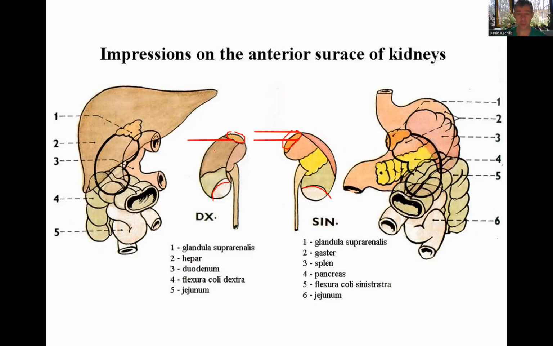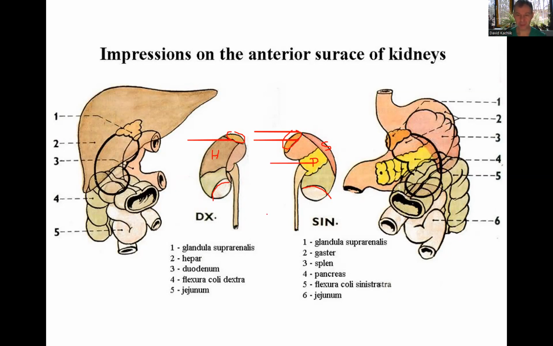Corresponding to this, we have impression of liver on the right side and a spleen on the left side. And then when we have impression of the spleen, then also the tail of the pancreas is located in the hilum of the spleen. So we have impression of the pancreas.